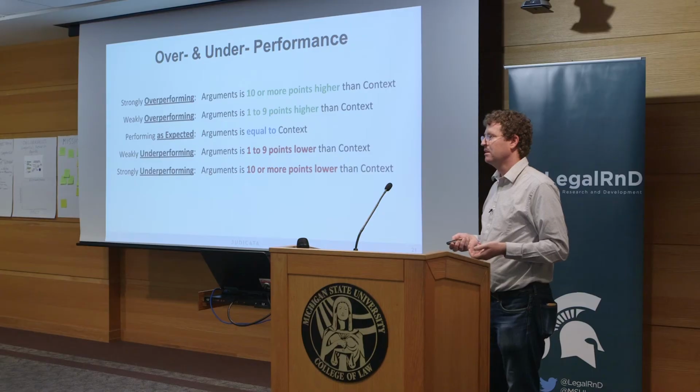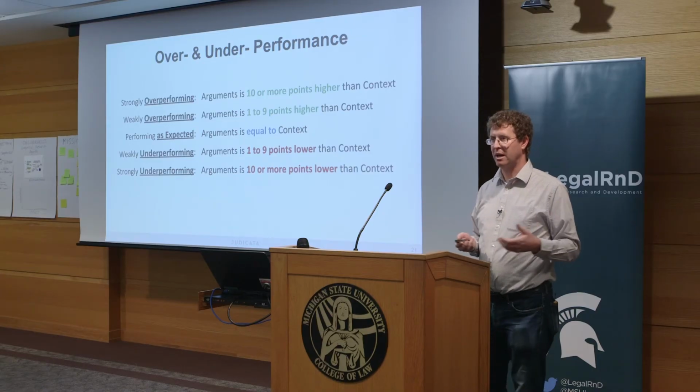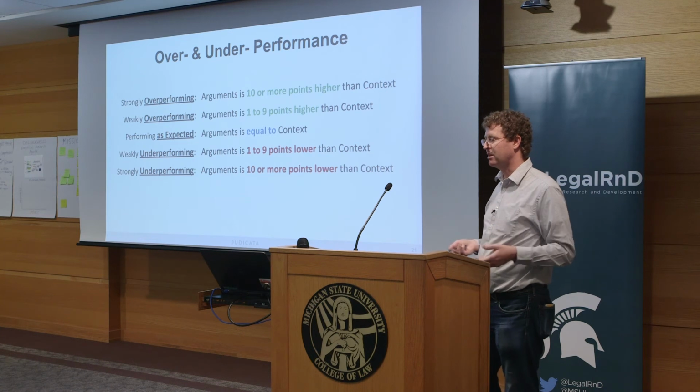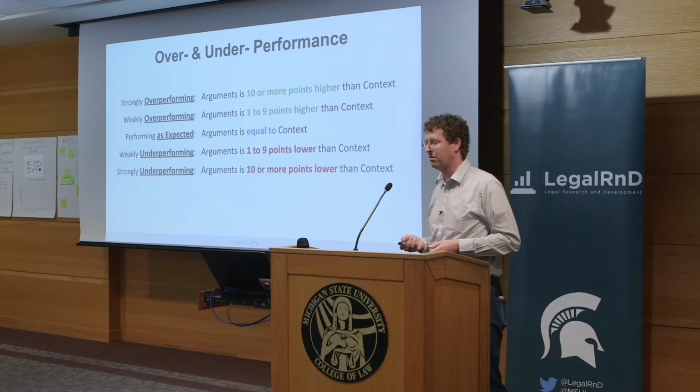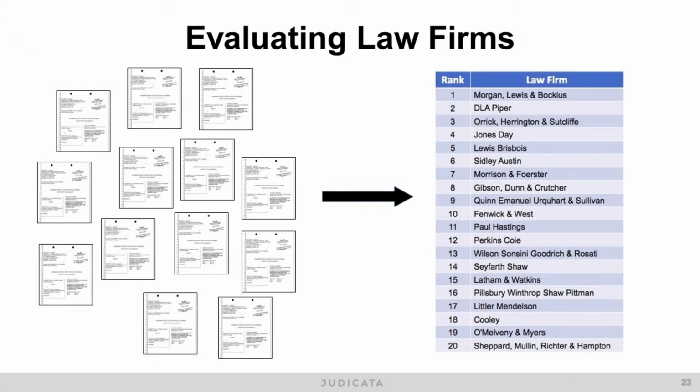So we call that overperforming and underperforming. One of the things we found is that strongly overperforming briefs have a higher chance of winning. Strongly underperforming briefs have a higher chance of losing. So these measures, while they're general, simple statistical measures, do correlate with real-world outcomes.